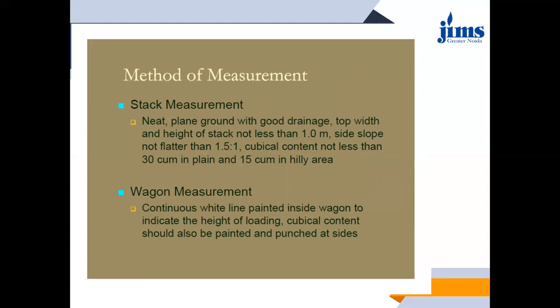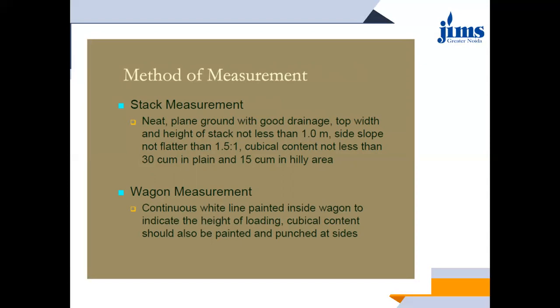The top width and height of the stack should not be less than 1 meter. The side slope should not be flatter than 1.5 to 1, and cubical content should not be less than 30 cubic meter in plains and 15 cubic meter in hilly areas. Also, the stacking of the track ballast should be done on neat and plain ground with good drainage. Why? Because if drainage is not there, it will ultimately cause weathering action on the ballast.